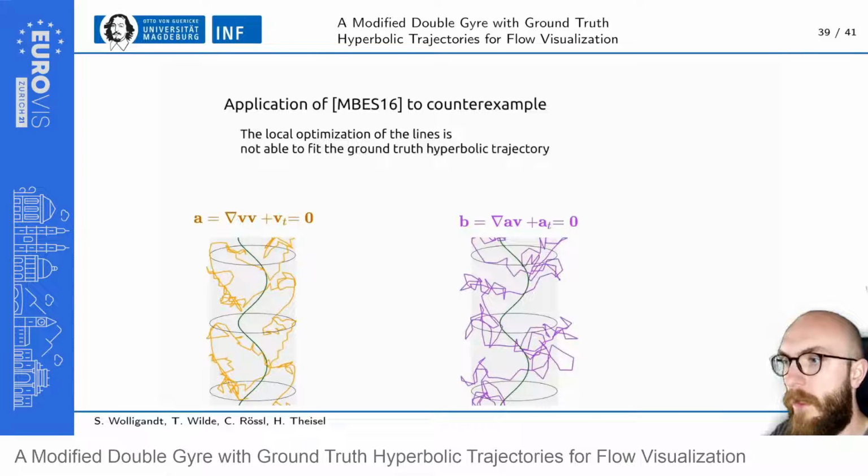And additionally, there appear some disturbances that get transported along those lines, which are this zigzag thing. This means that the method by Machado and colleagues unfortunately does not find a correct solution of the hyperbolic trajectory.